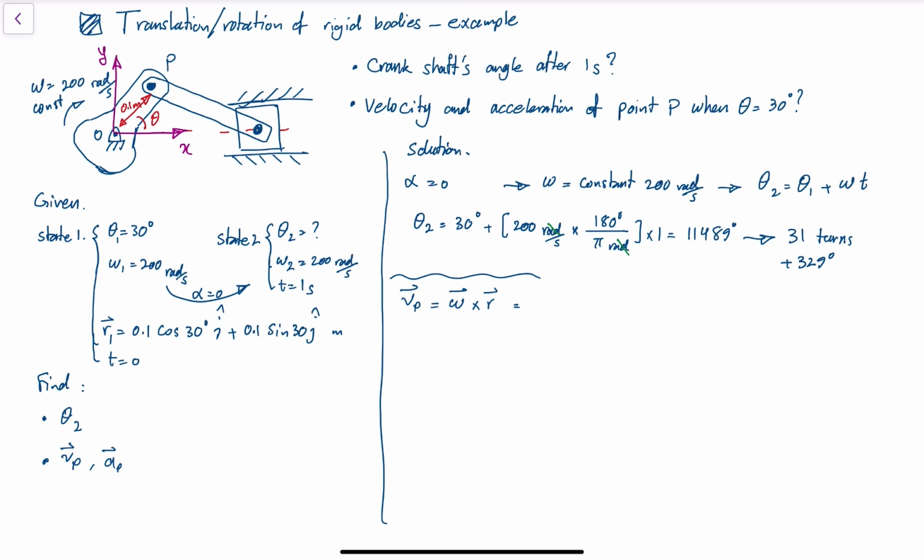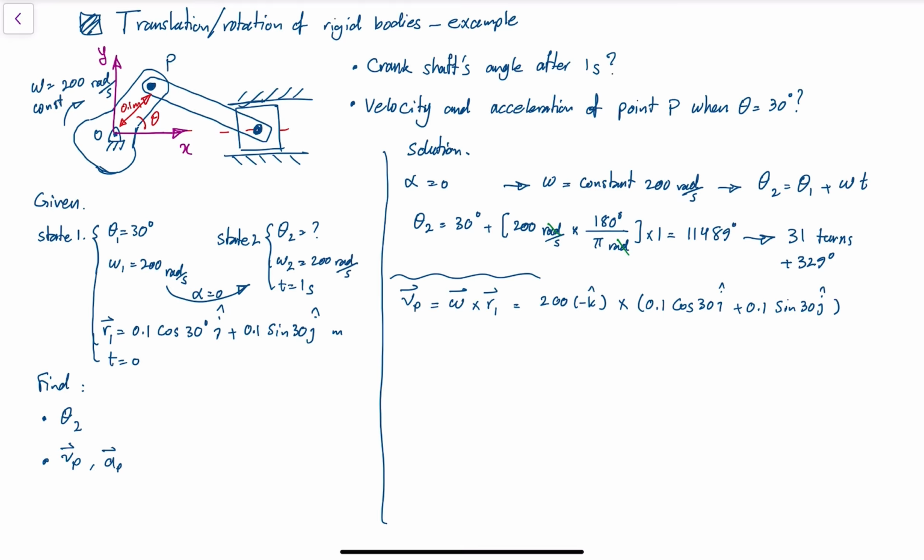Because using right hand rule, omega vector is into the page, so that one is 200 in minus k direction, cross my r, let's call this r1, 0.1 cosine 30 i, 0.1 sine 30 j.